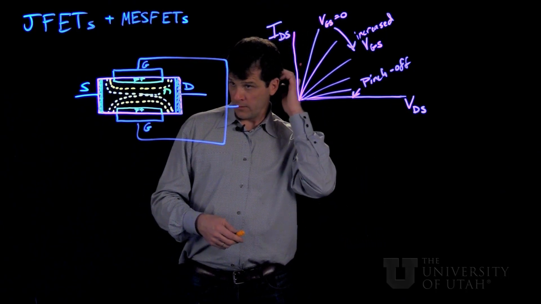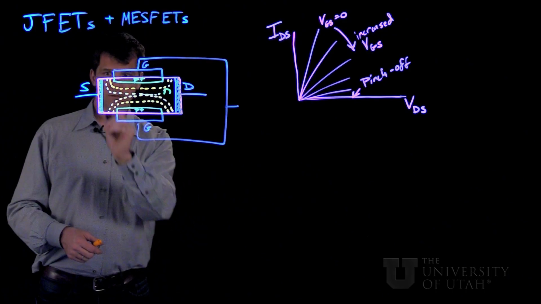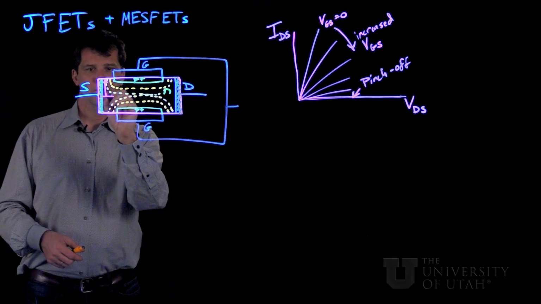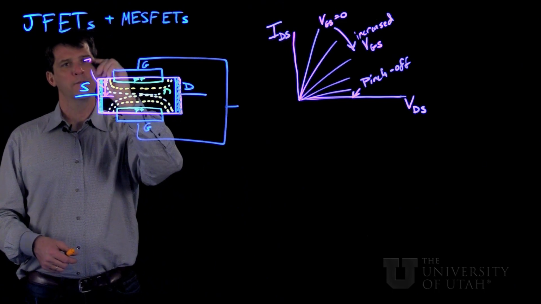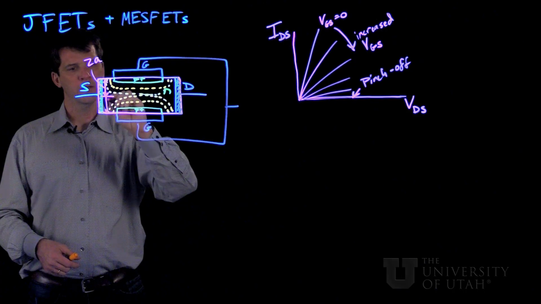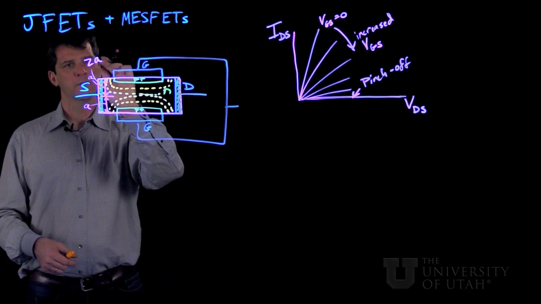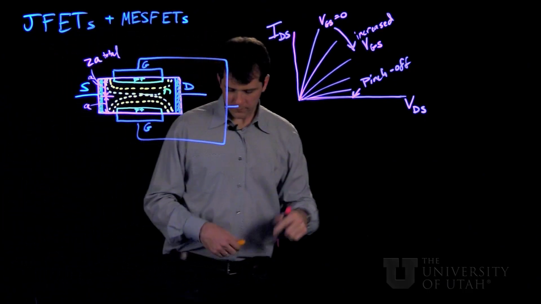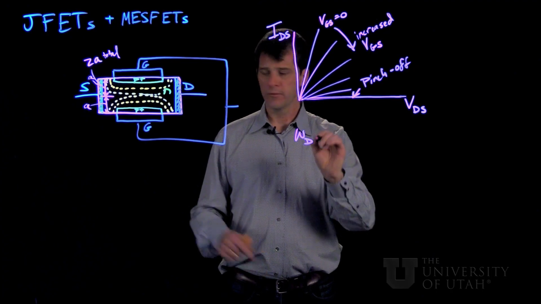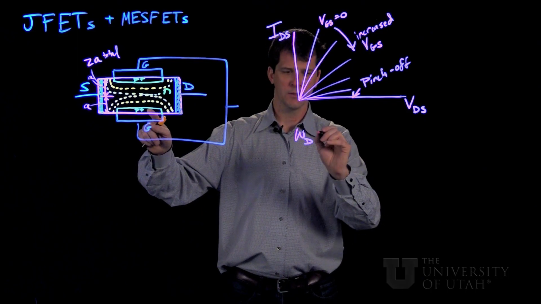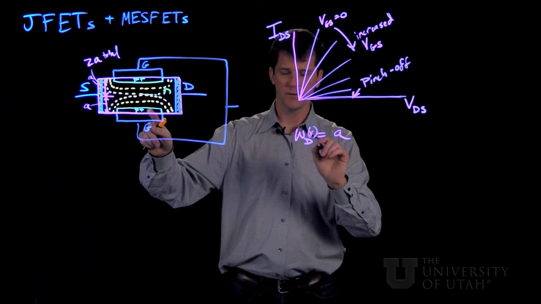So we can do some simple calculations and imagine that we have a symmetric structure where the thickness here is 2 times A from top to bottom, and either one of these is A. So the pinch-off condition in first approximation is when the depletion width coming from these PN junctions equals A. And remember, our depletion widths are functions of voltage.